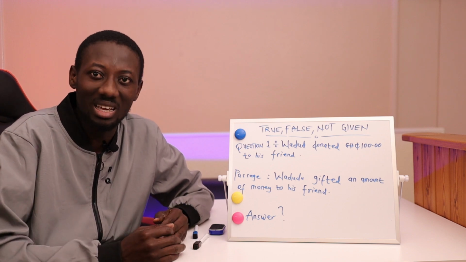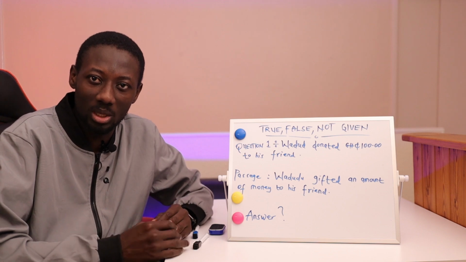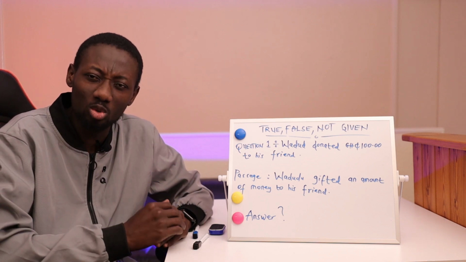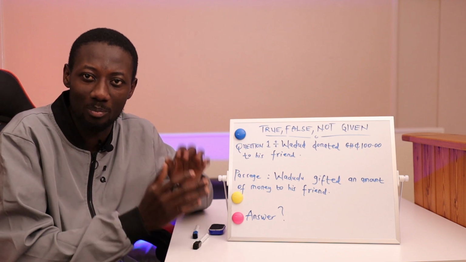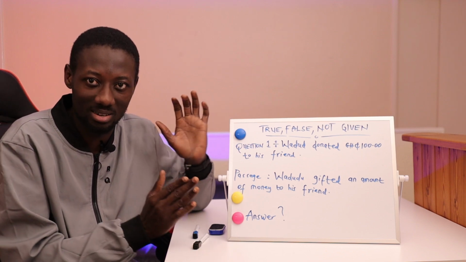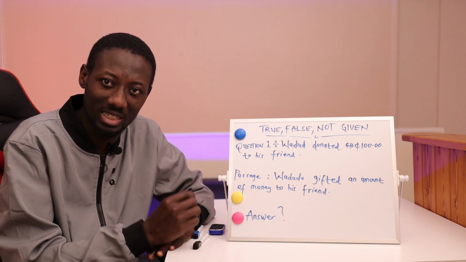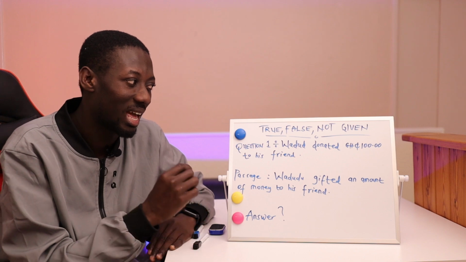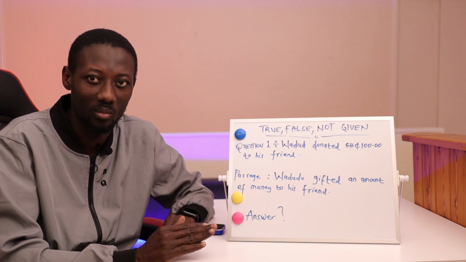So basically, I'm going to explain the concept of true, false, not given using the example I have on my board. Now, assuming you have a passage like it appeared on my screen, and the number 1 question after the passage is, Wadud donated 100 Ghana cedis to his friend.